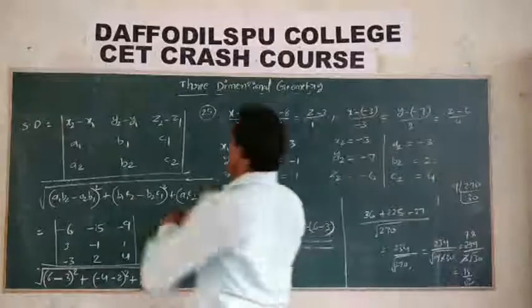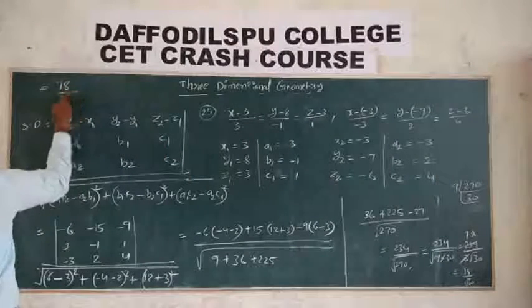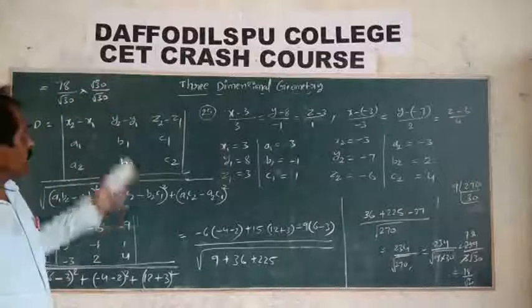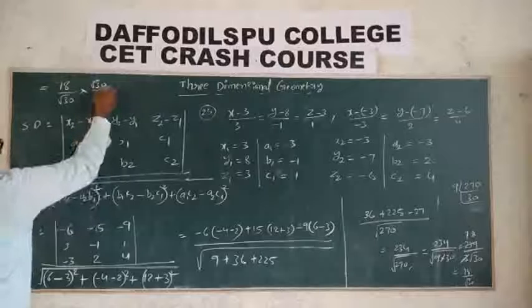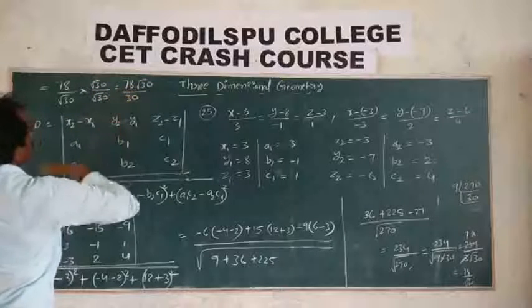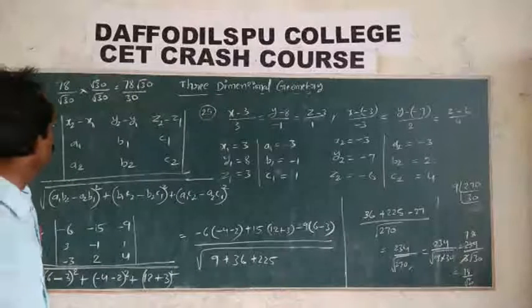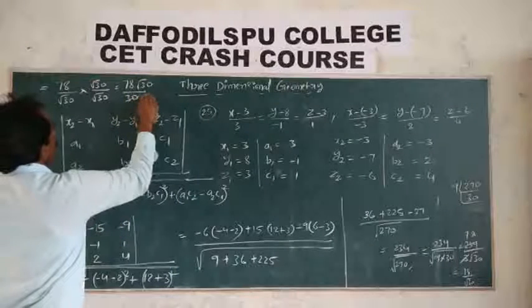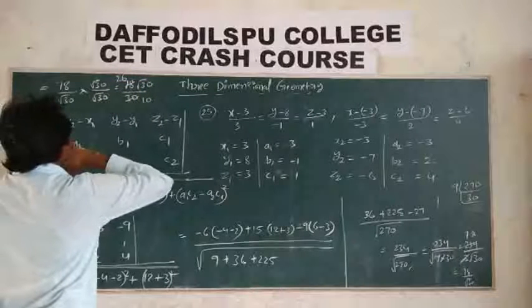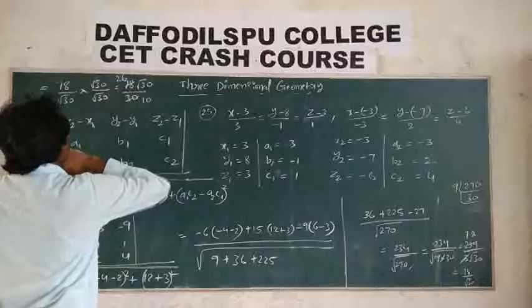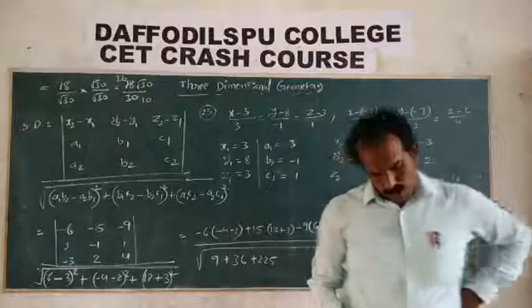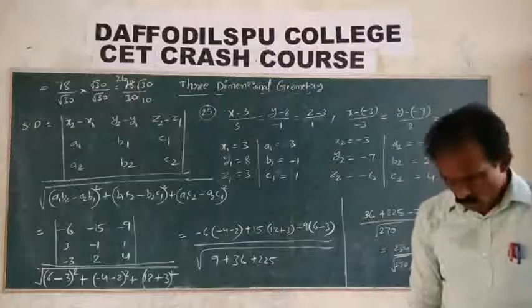The options have no denominator, so rationalizing with denominator root 30 into root 30, this value is equal to 78 root 30 by 30.